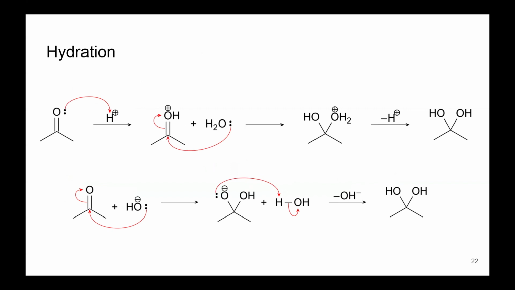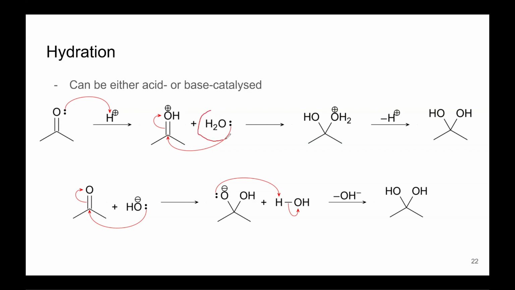Now for hydration, these are the acid and base catalysis mechanisms respectively. For the acid catalysis, by protonating this oxygen, the OH group will pull this bond pair more forcefully away from the electrophilic carbon, therefore making the electrophilic carbon more electrophilic.